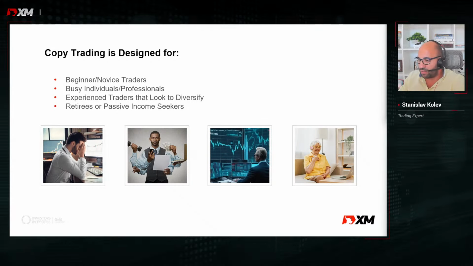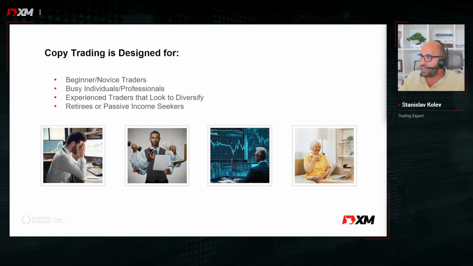Long story short, let's say you're an expert in indices and you've got no forex. Well, then that's the place for you, because in this particular case, you will look to use this copy trader to diversify your portfolio.